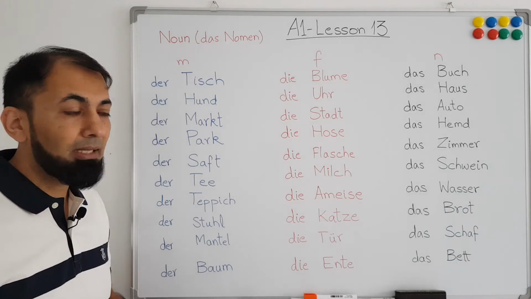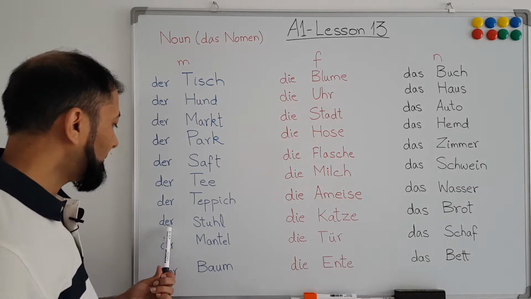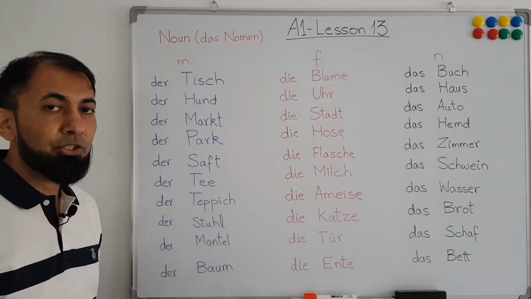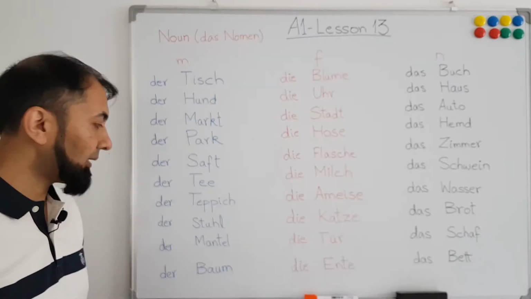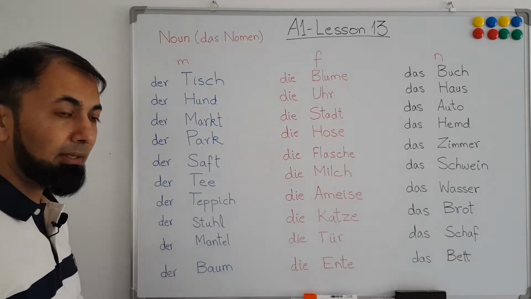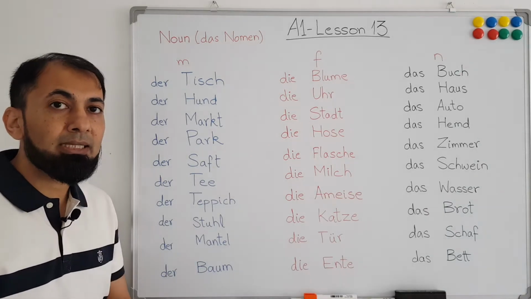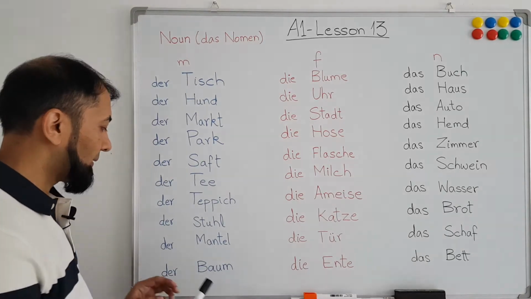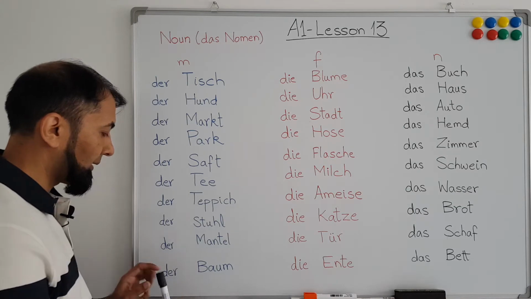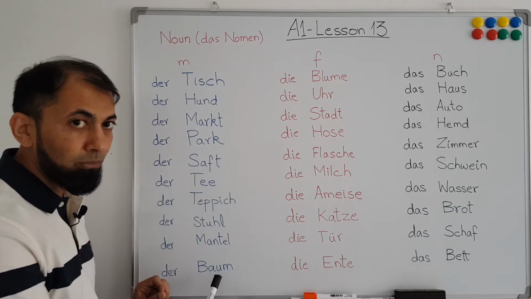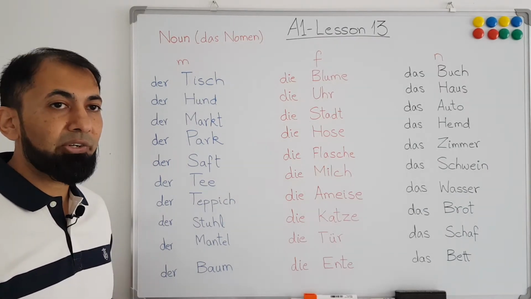Teppich means carpet. Der Stuhl. Stuhl means chair, and it's a masculine noun. Der Mantel. Mantel means coat, and Mantel is a masculine noun. Der Baum. Baum means tree.